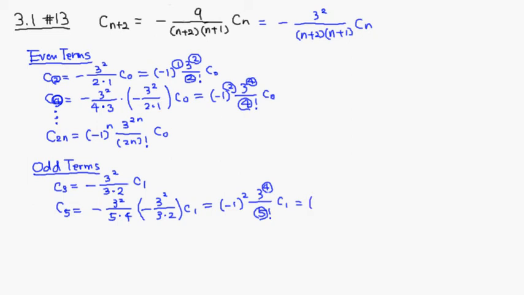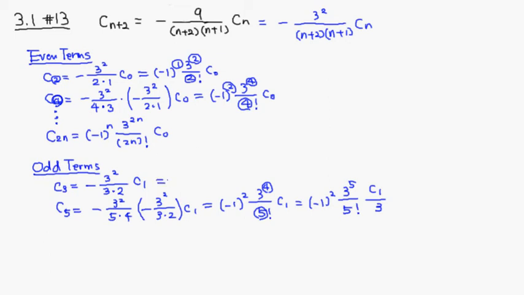So it's negative 1 squared, 3 to the 5th power, so I put an extra 3 there, over 5 factorial. But to take care of that, we're going to divide C1 by 3. Then I do the same thing here.